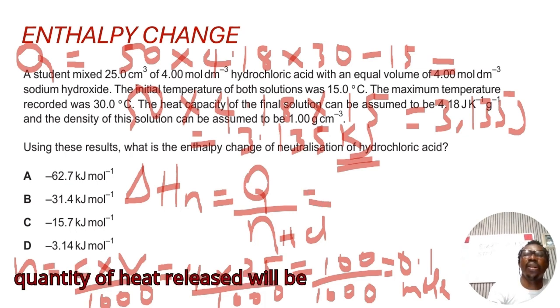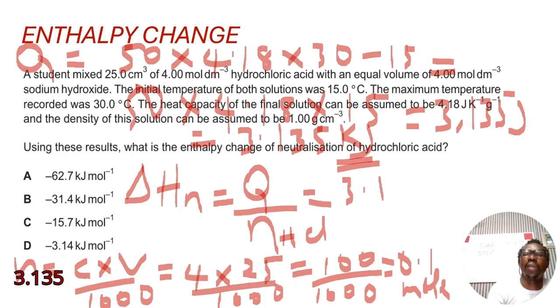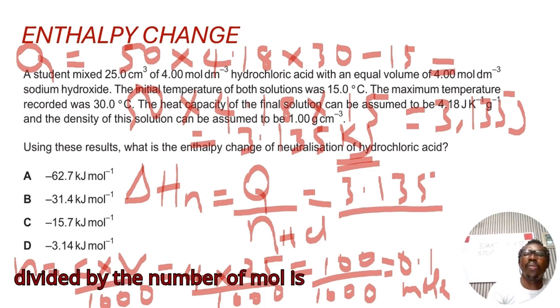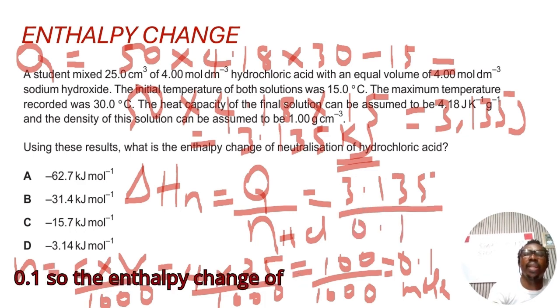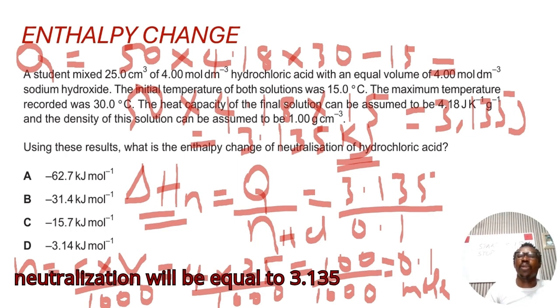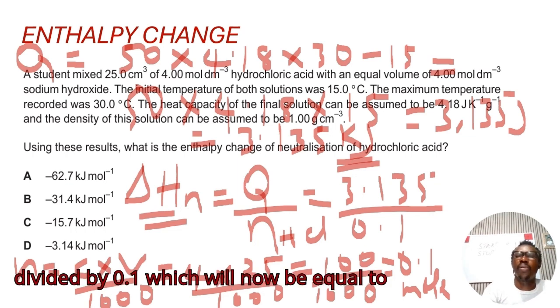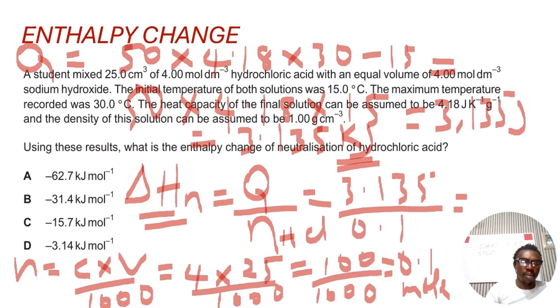So the quantity of heat released is 3.135, divided by the number of moles, 0.1. So the enthalpy change of neutralization will be equal to 3.135 divided by 0.1, which is equal to 31.35 kilojoule per mole.